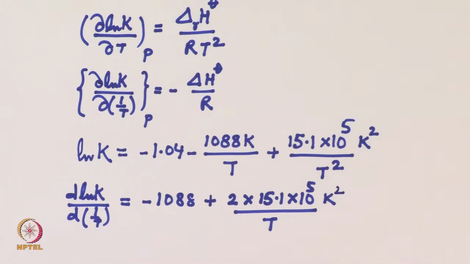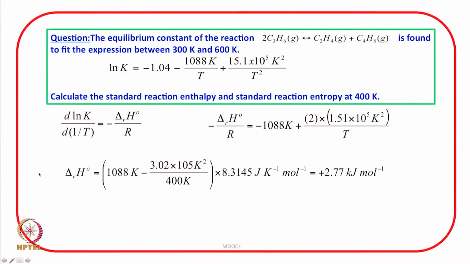Once you substitute the number, the standard reaction enthalpy comes out to be plus 2.77 kilojoules per mole.